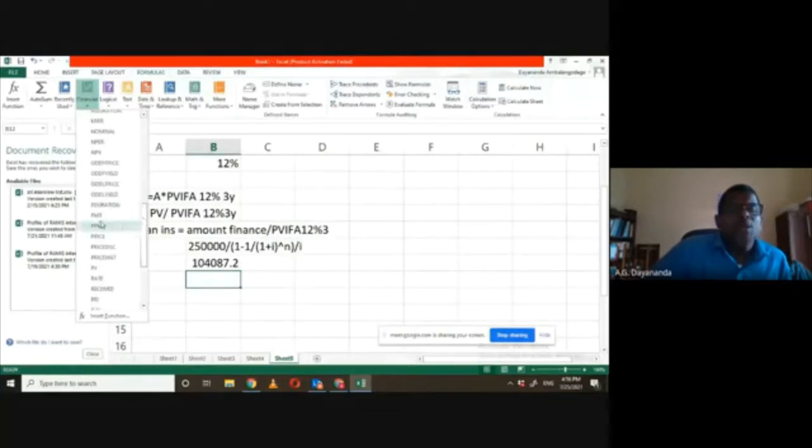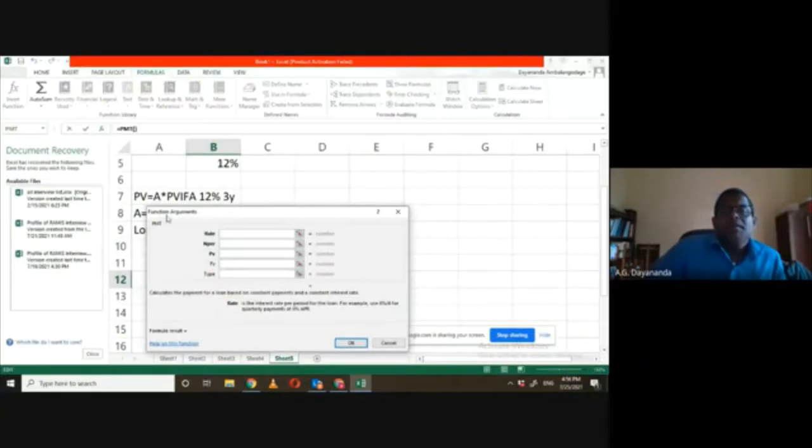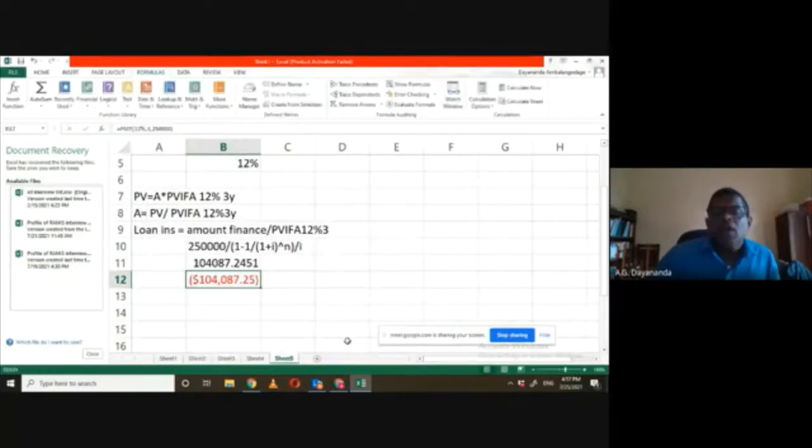The rate is 12%, the period is 3, and the present value, how much you are giving as a loan, is 250,000. So here the answer, I think you agree with me, is 104,087, the earlier answer.